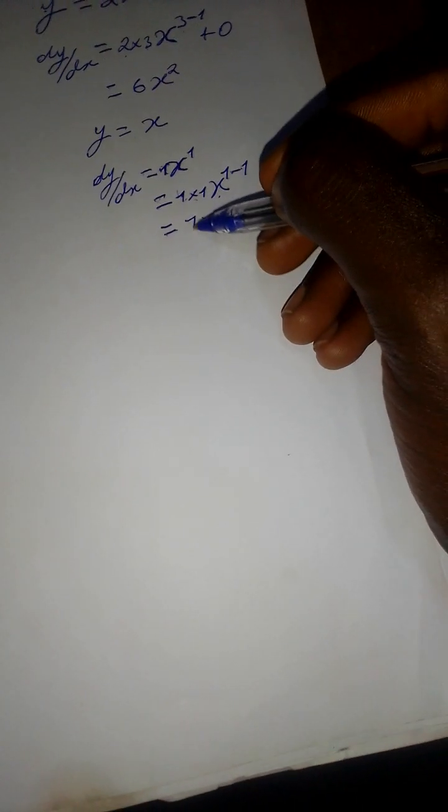So this is just 1 times 1. So x to the power 0 is 1. 1 times 1 is 1. And in the final analysis, we have 1. So differentiating x gives us 1, which is a constant.